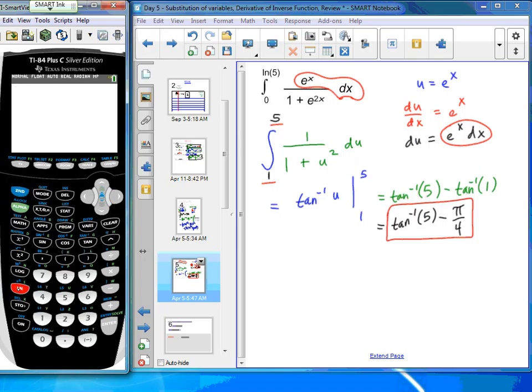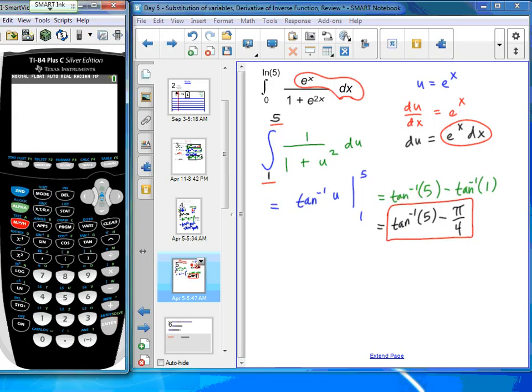I'm going to go e to the x over quantity 1 plus e to the 2x, close quantity, with respect to x. All right, now we're going to go ahead and do our rewritten change of limits u-substitution in that definite integral and see what we get there.